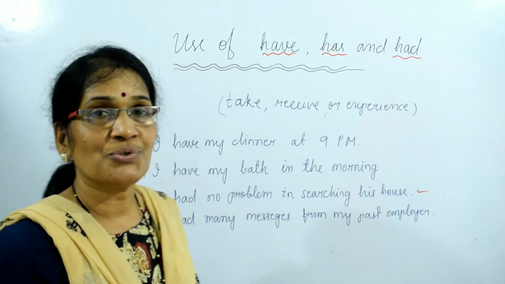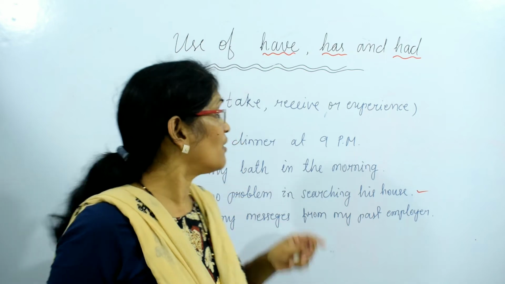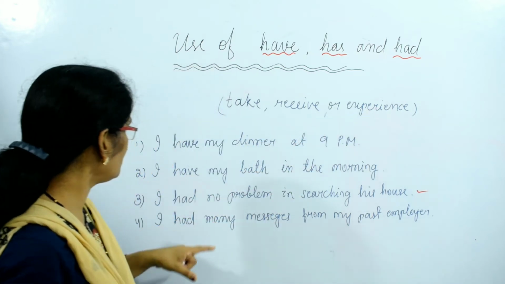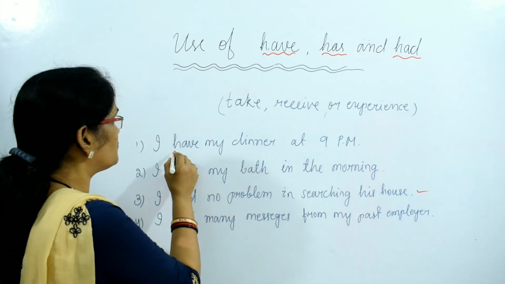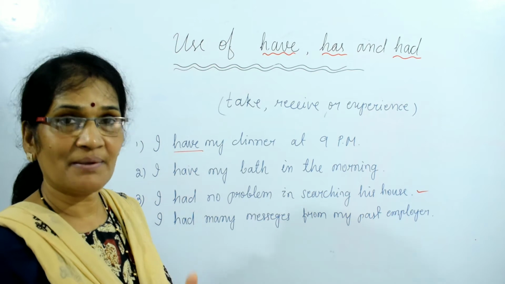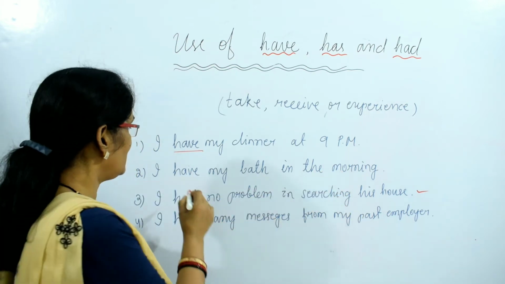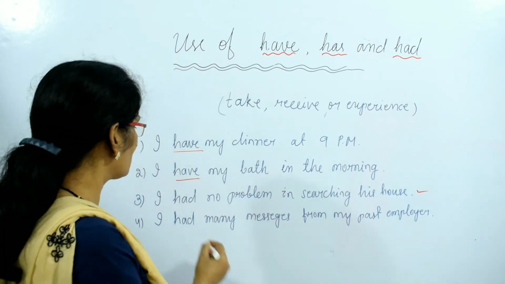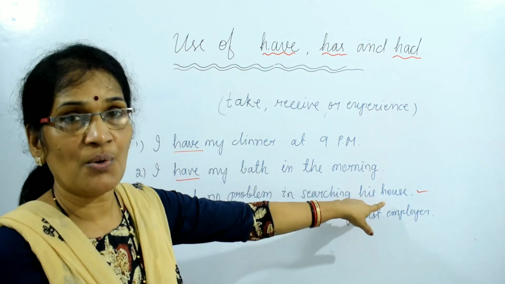And also you use have verb, have or had, to give the meaning of take, receive, experience. Let's see here. I have my dinner at 9 p.m. Here have means I take my dinner. I have my bath in the morning. Here have means I take my bath. And I had no problem in searching his house.